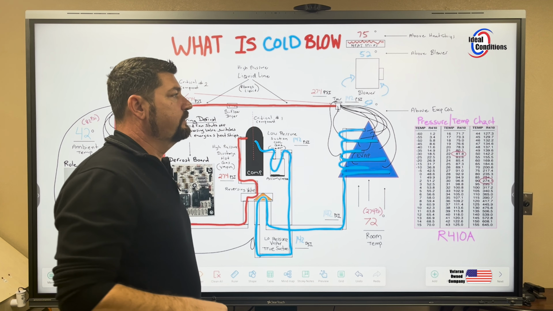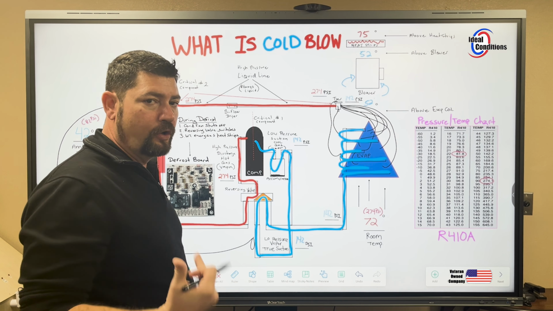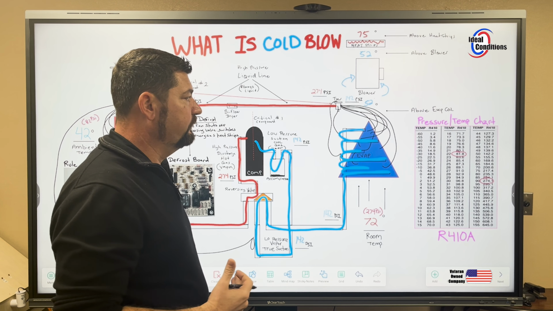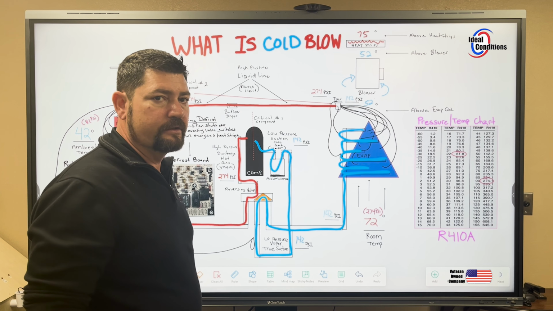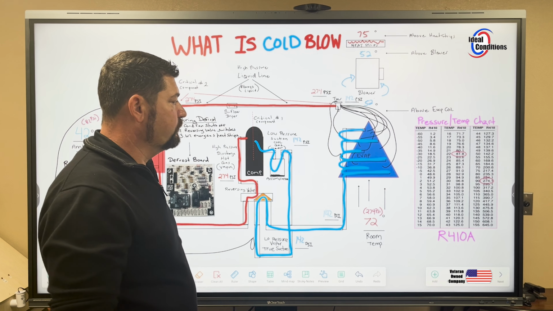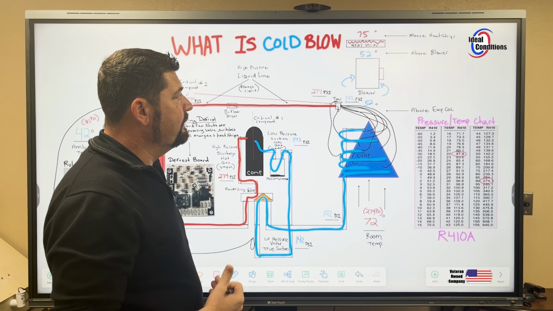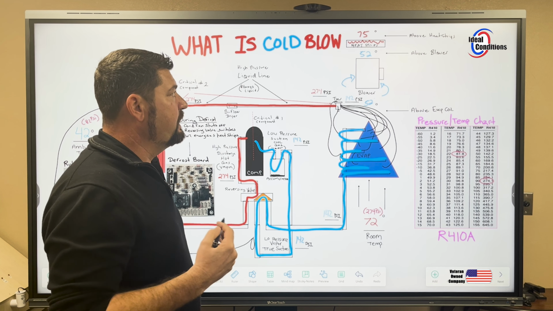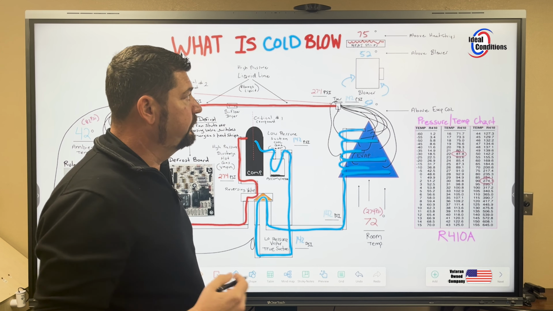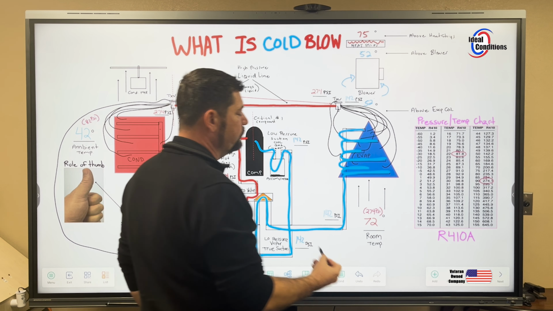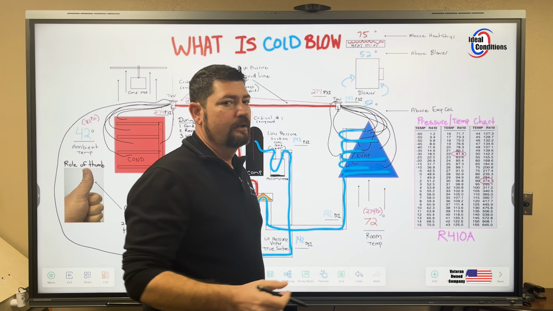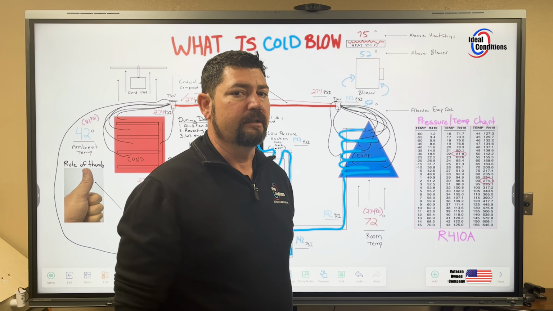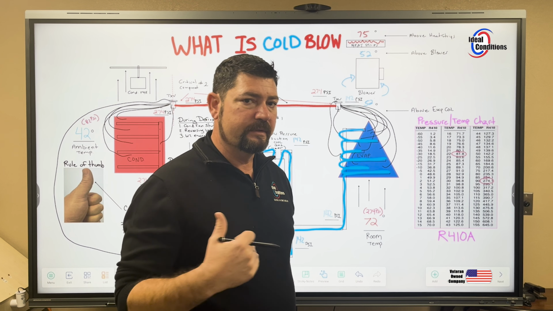Now 75 degrees may feel cool because it's not 100 degrees or 120 degrees like your heat pump normally produces with heat strips, but at the end of the day, 75 degrees isn't 52 degrees, and 75 degrees is not going to drop the room temperature. What it will do is maintain. So it's not going to really warm up, it's not going to cool down.